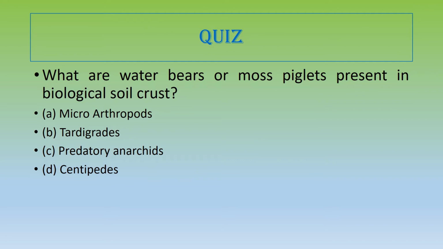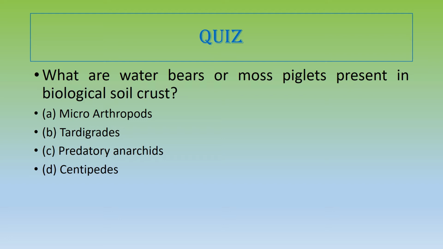Before I start the video, there is a very short quiz for you. The question is: what are water bears or moss piglets present in biological soil crust? We all know that in arid desert areas, this biological soil crust helps in stabilization of the soil and prevents soil erosion.